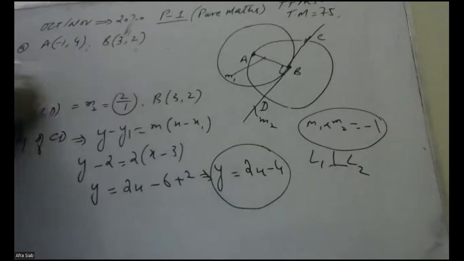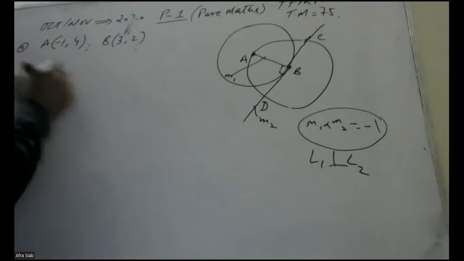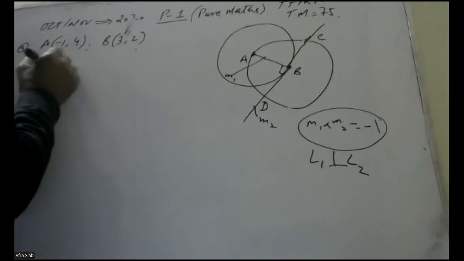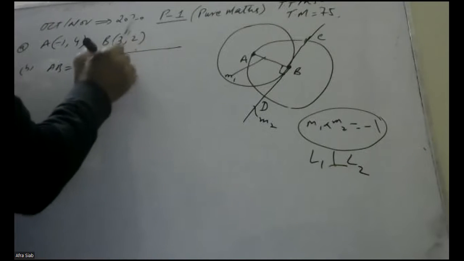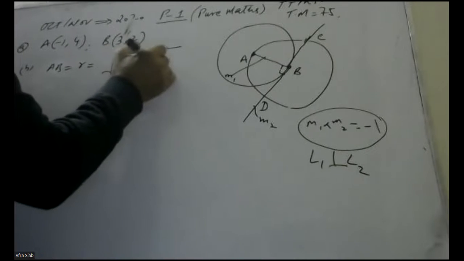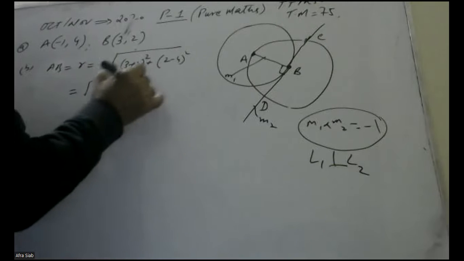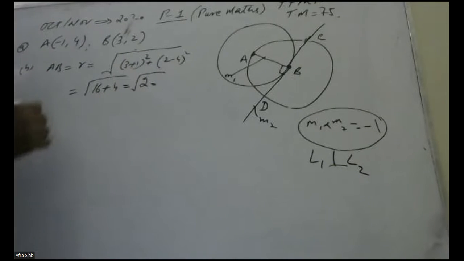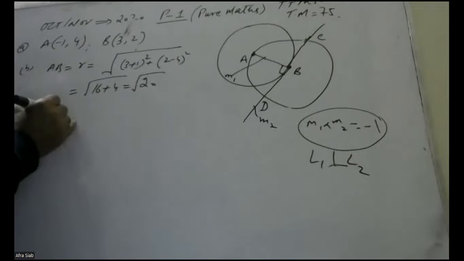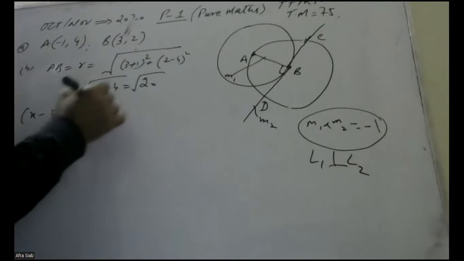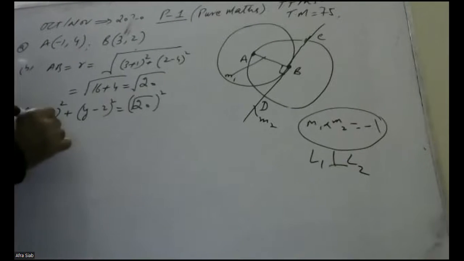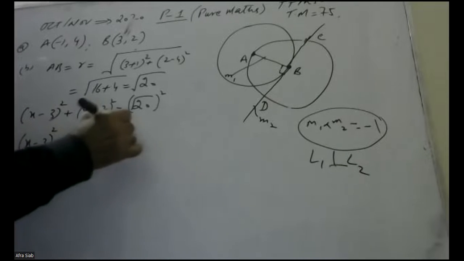Now for part B, find the equation of the circle with center B. We know this is the center, and AB is the radius of that circle, which is equal to the square root of (3 plus 1) whole squared plus (2 minus 4) whole squared, that is 16 plus 4, or root 20. So the equation of the circle is (x minus 3) whole squared plus (y minus 2) whole squared is equal to root 20 whole squared, that is equal to 20.